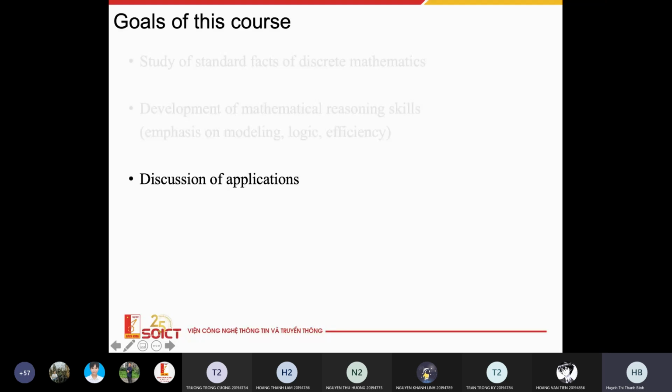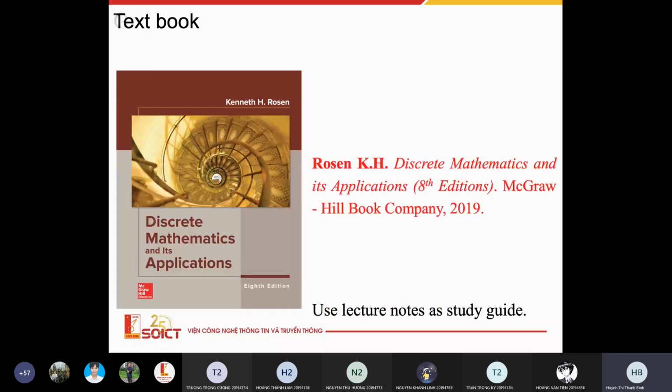When we discuss applications, for example, I already introduced each research topic for you, so you can find the applications in these research topics, and later we will discuss applications. And here's the textbook you can refer to and use for reference for this course.